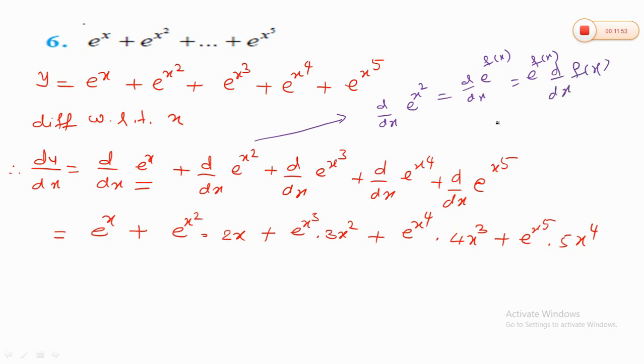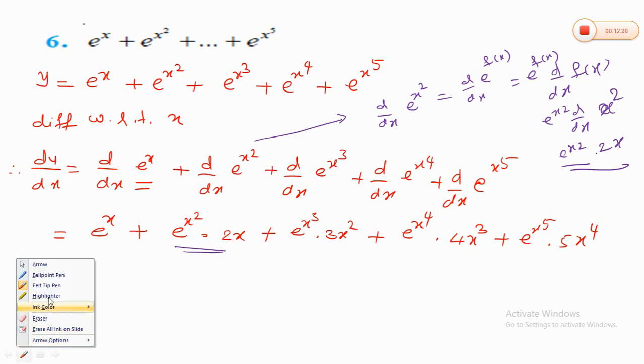So that is e^(x^2) times d/dx of x^2, and the derivative of x^2 is 2x. So this step I have written here: e^(x^2) times 2x. Similarly e^(x^3). So I will simplify this.